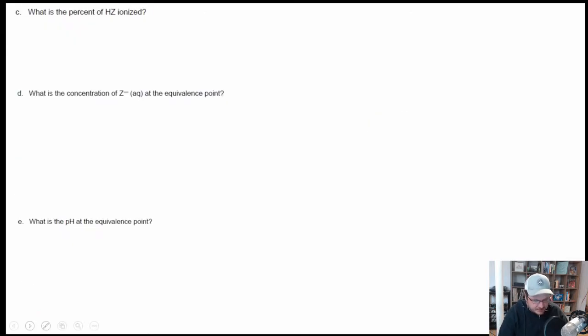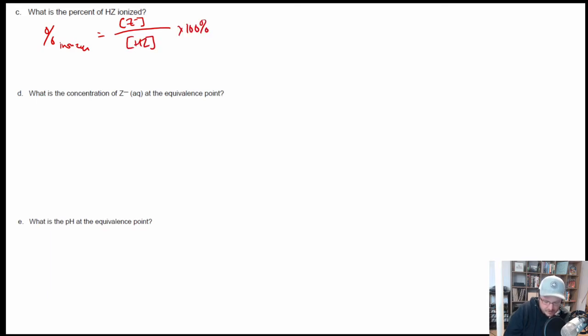So part C. Now the question is, what is the percent of HZ that is ionized? We can just do that equation. The percent ionized equation is essentially the concentration of Z minus divided by the concentration of HZ times 100%.